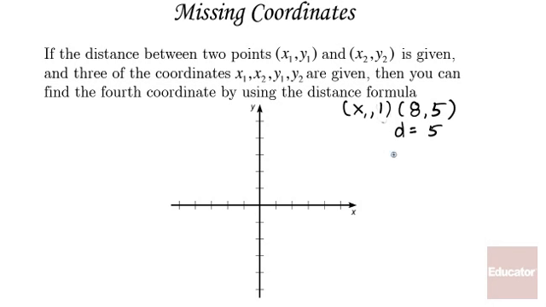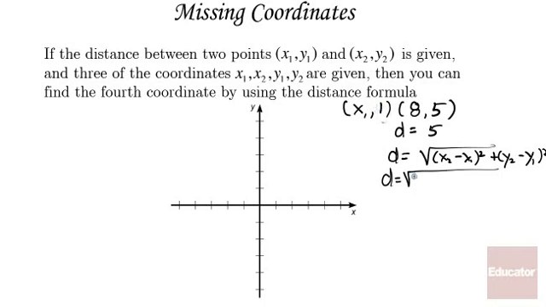The distance formula equals the square root of x2 minus x1 squared plus y2 minus y1 squared. So distance equals the square root of, I'm going to let this be x1, y1, x2, y2. So that's going to give me x2 is 8 minus x squared plus y2 is 5 minus 1 squared.